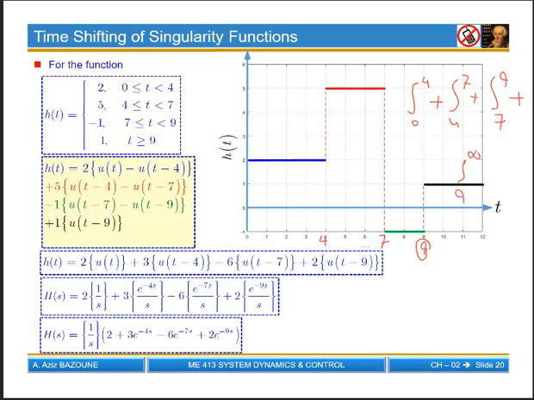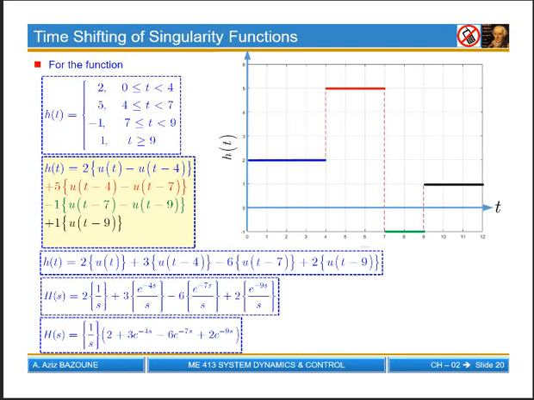When you substitute, e to the power 4, 7 and 9 stay there. So we have to be careful. The integration will be lengthy, but we can still use the step function, taking it one by one.